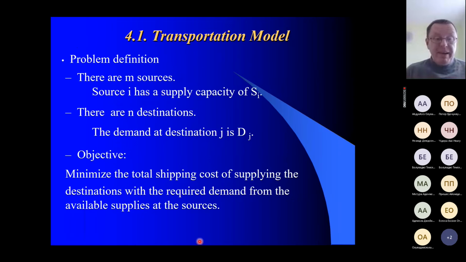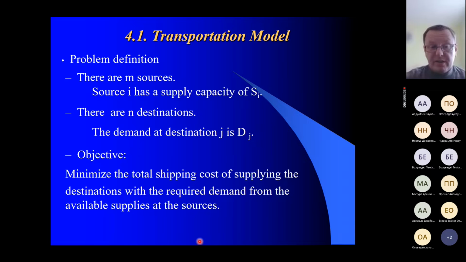So, mathematically, if we try to redefine both tasks, transportation as well as assignment problem, transportation especially could sound like this: we have M sources, each source has a given supply capacity S_i, and we have N destinations. Each destination provides its demand for some resources like medicines, oxygen, and so on.